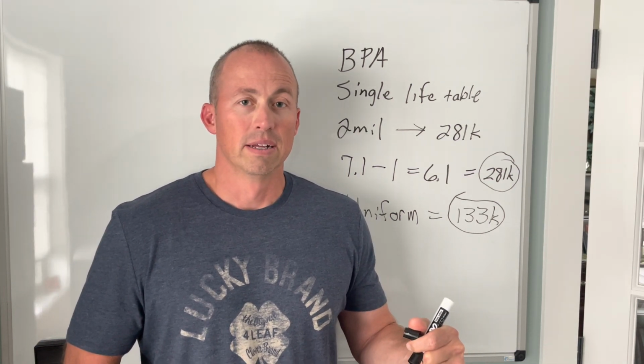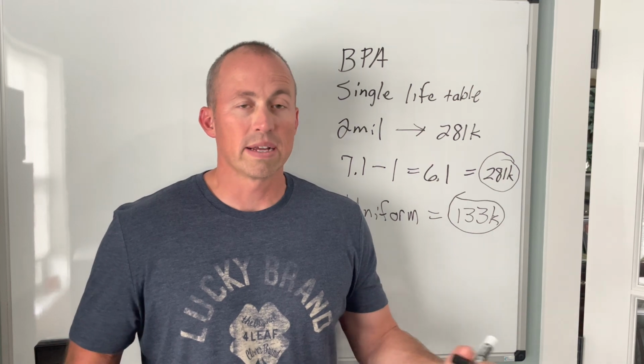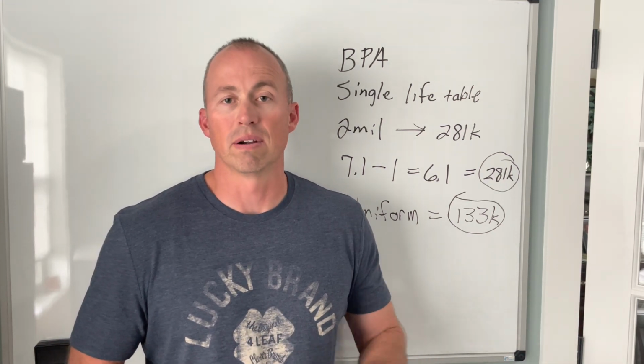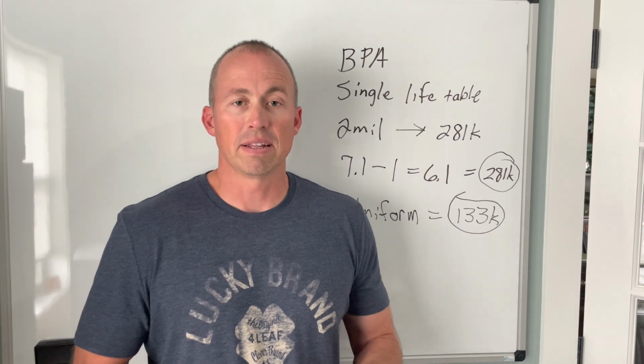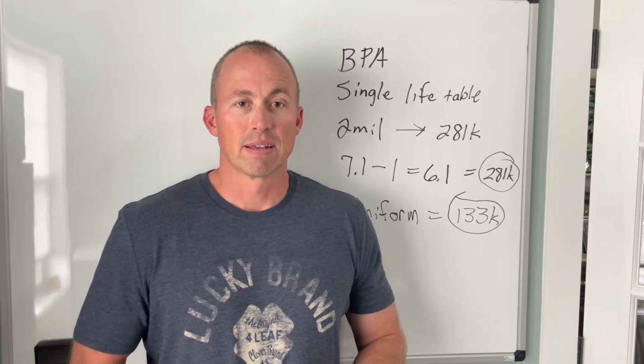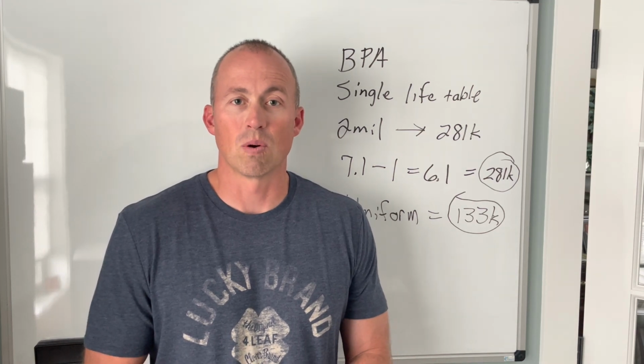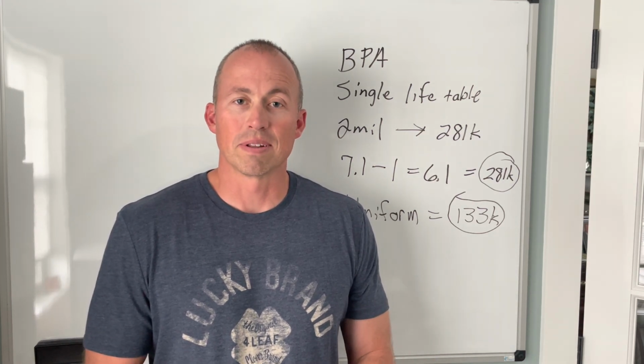Okay? So it's a way to drastically reduce RMDs. Basically, it works way better for beneficiaries inheriting the account. BPAs are typically not a good thing. All right? So hope that helps. Hope you learned something today. Thanks.